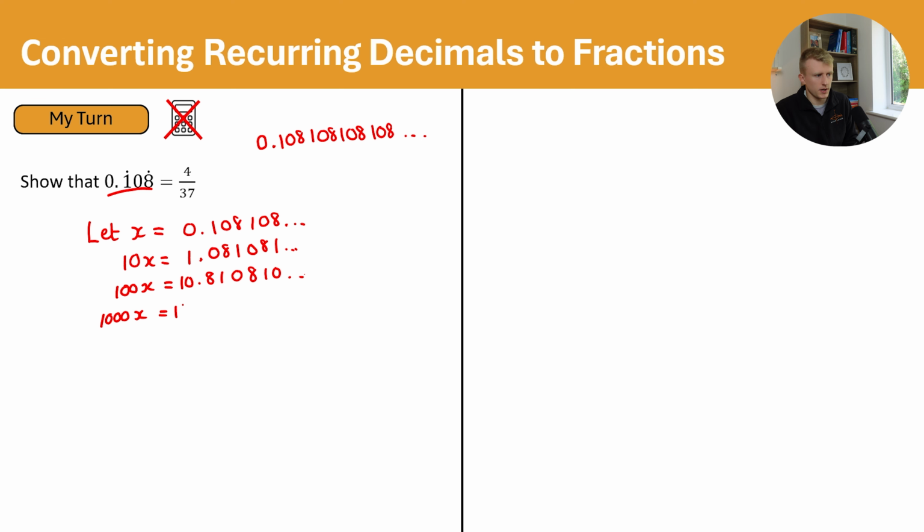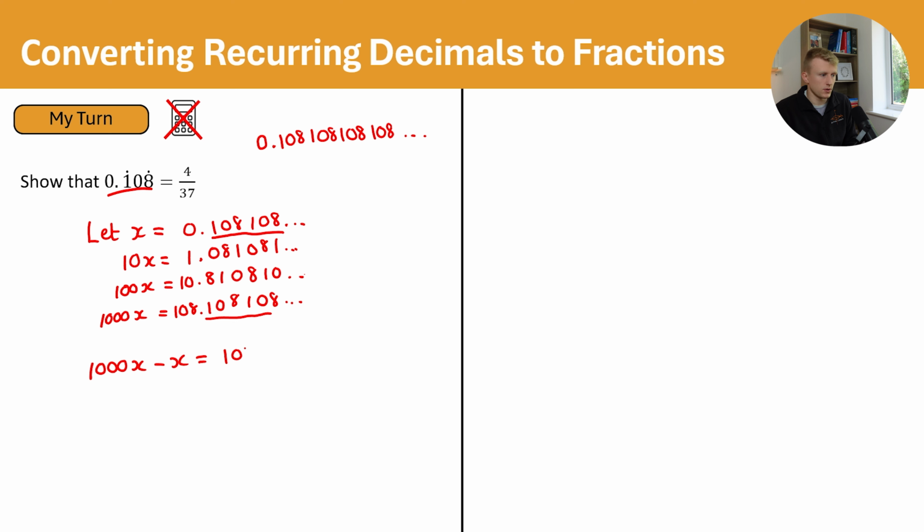So 1000x would be 108.108108, and that would continue repeating like that. And if you notice, the 1000x, the long tail at the end, actually lines up with the x tail at the end as well. So we could subtract these two and it would remove that recurring tail. So we'll do 1000x subtract x.